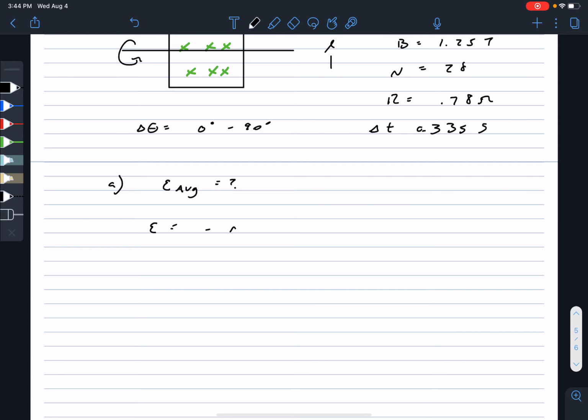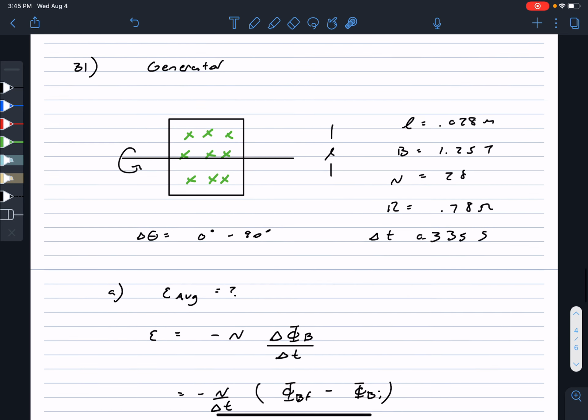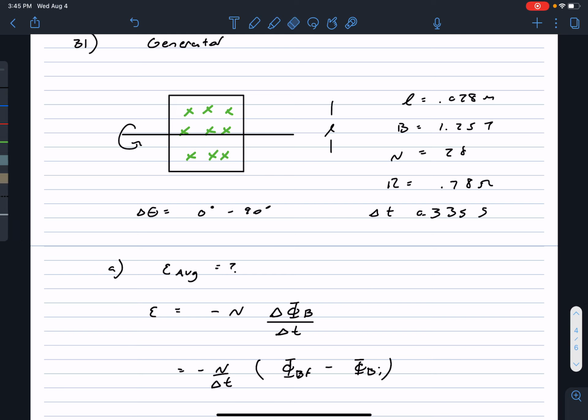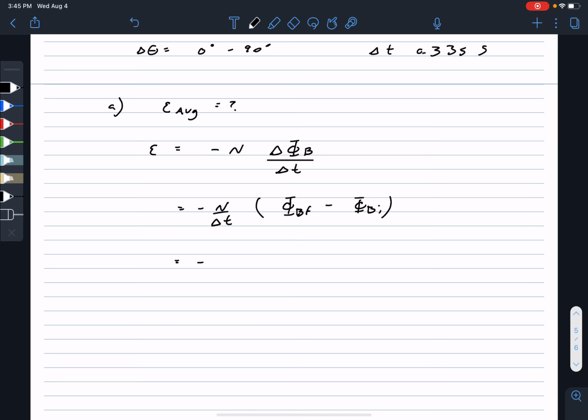So let's recall that the average EMF for a coil is the negative times the number of turns times the change in the flux over the change in the time. So let's put this N over delta T for now, and then consider what is flux. We're going to have a flux final minus a flux initial from the B field moving through the coil, right?